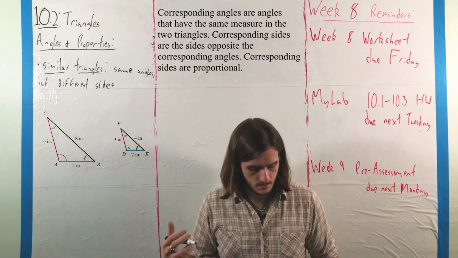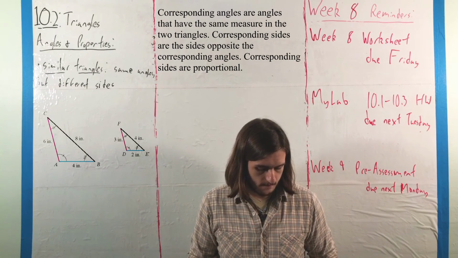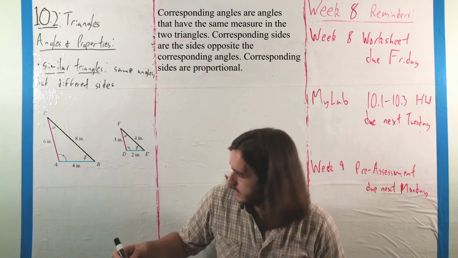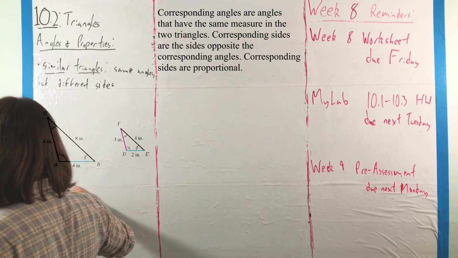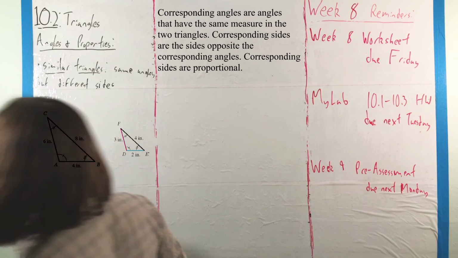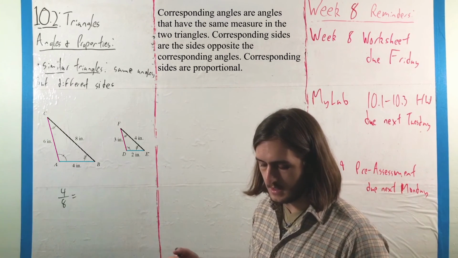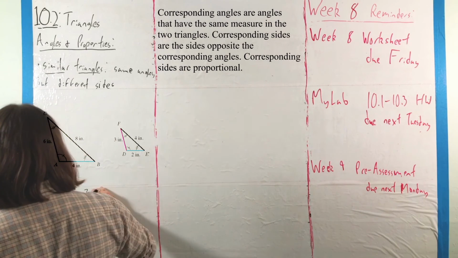So, for example, we can look at the relationship between the sides opposite D and A. See that they are 4 and 8, and that's the same kind of relationship that we get between the sides opposite C and F, 2 and 4.